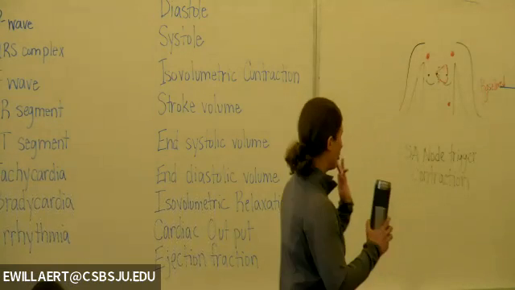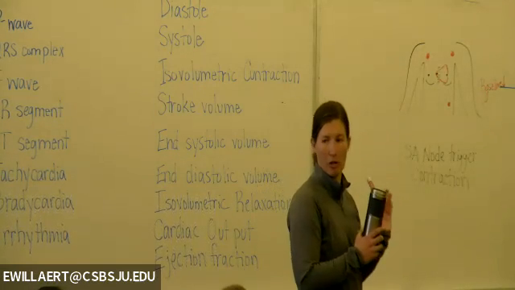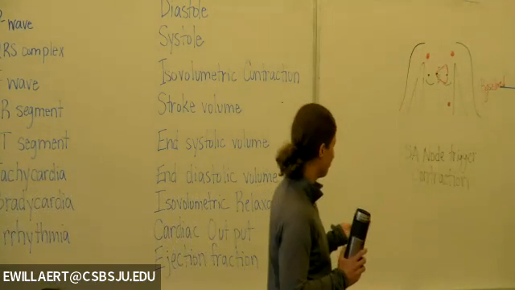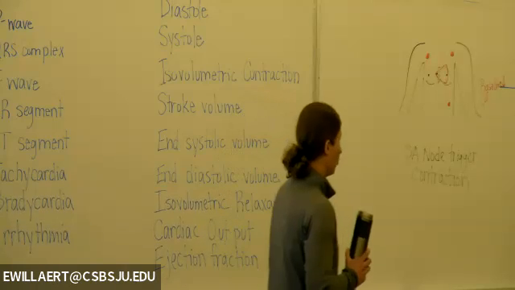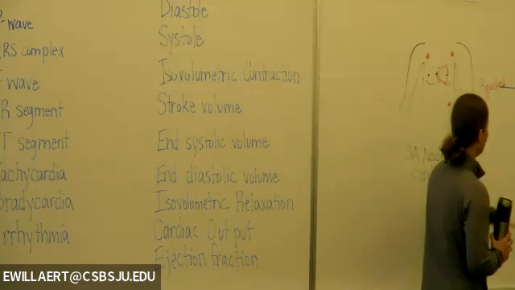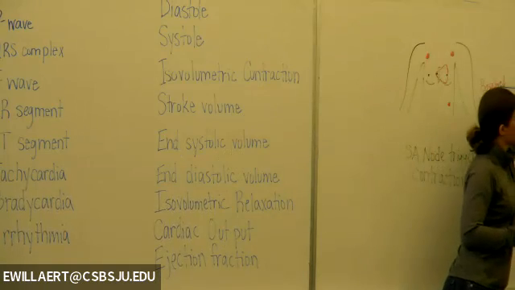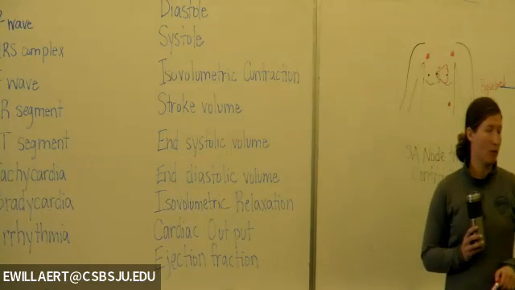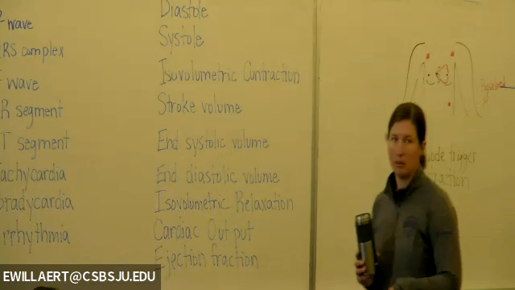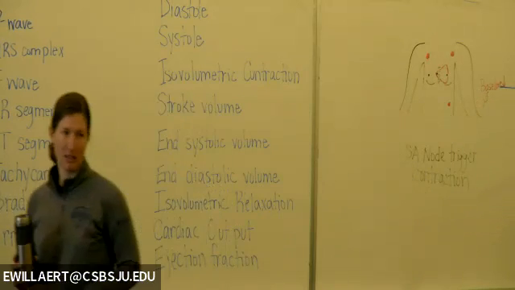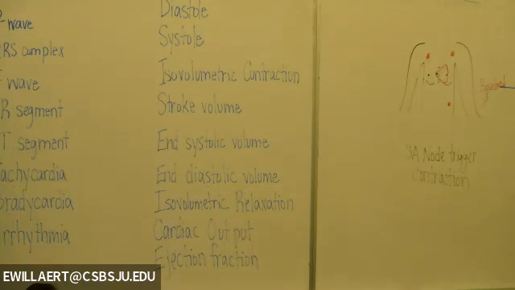So the shorter that distance becomes, the faster our heart rate goes. Most of the time, we'll measure it R to R, point to point, because not everybody has a P wave. But everybody who's living has a ventricular contraction. So the shorter that distance gets, the less time it's taking, so the faster the heart rate is going.